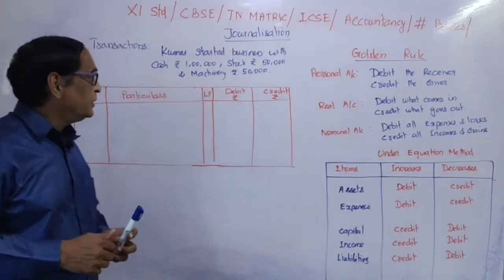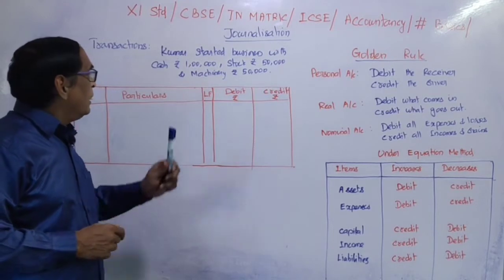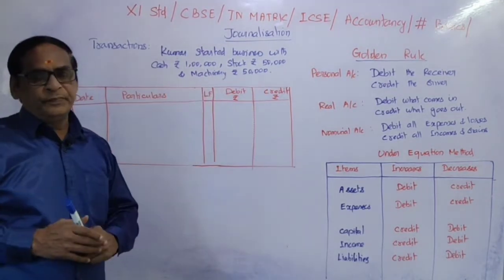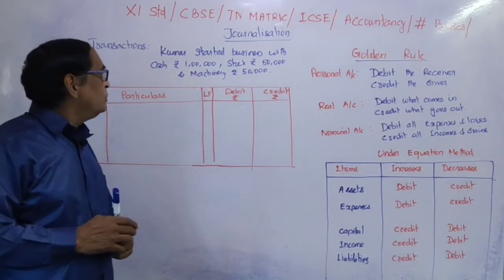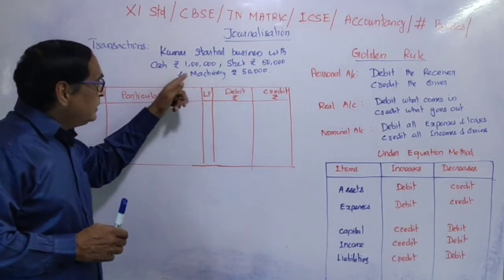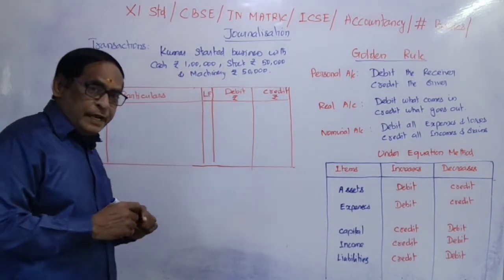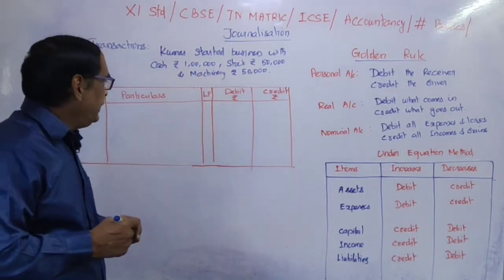Understand? The proprietor can start the business not only with cash but also with stock and machinery. At that time, what do we have to do? Cash is an asset, stock is an asset, and machinery is an asset. So the same type of entry, but it is a compound entry.